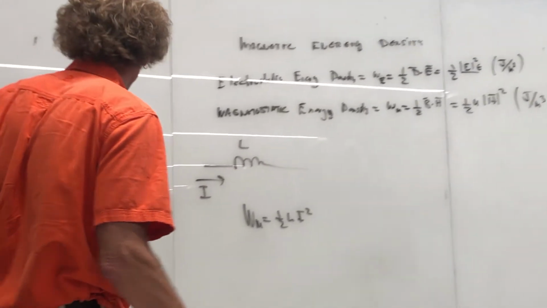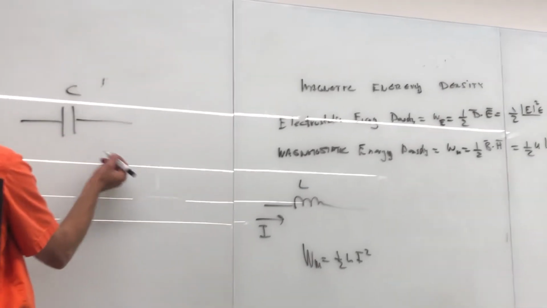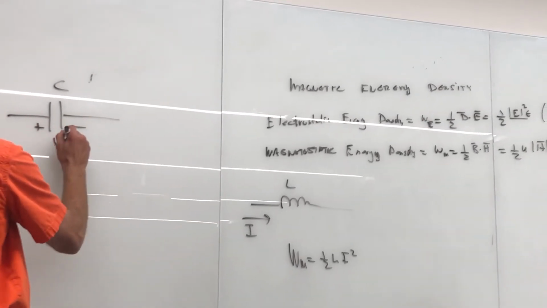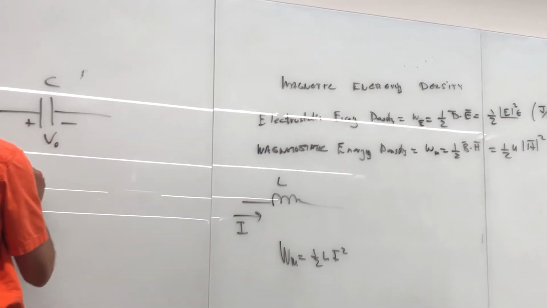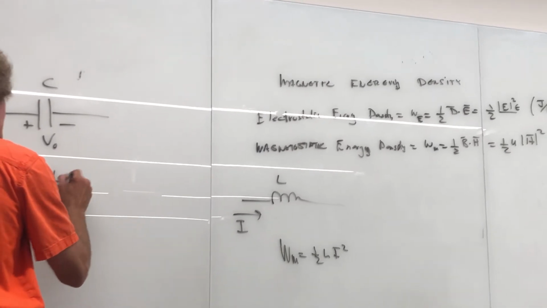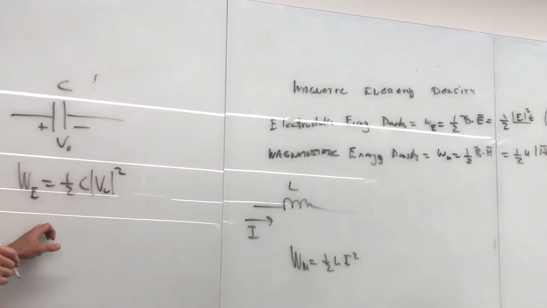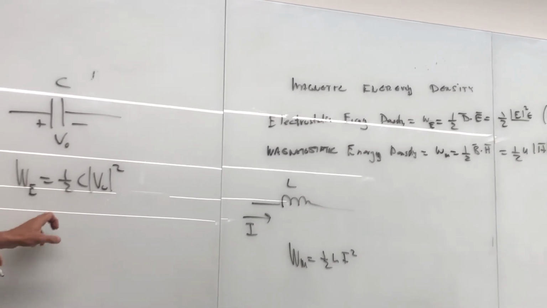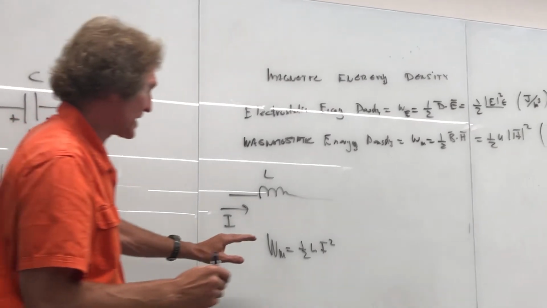And by the way, for a capacitor, if you have a capacitor C and it has a voltage V naught across it, the actual capacitive energy, this would be electrostatic energy, is 1/2 C V naught squared. You all remember this one? All right, that's capacitive energy, you gotta know these. And that's magnetic energy.